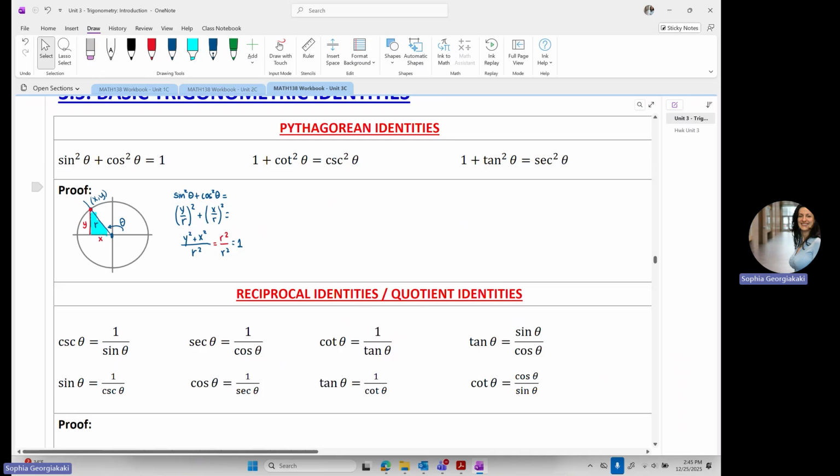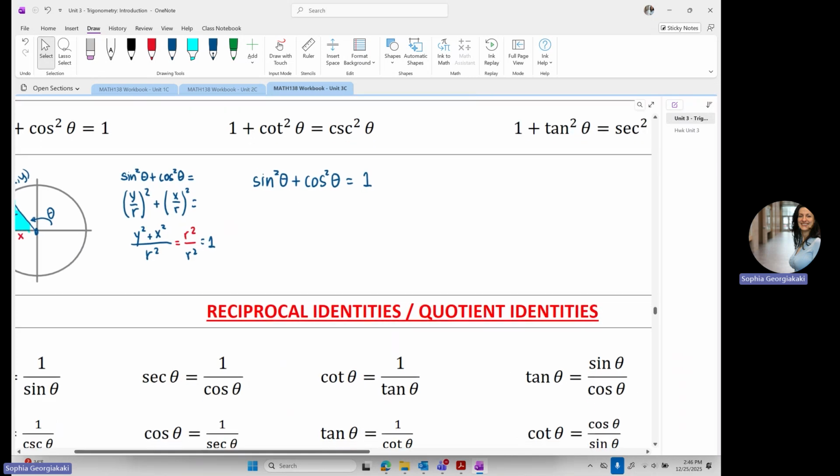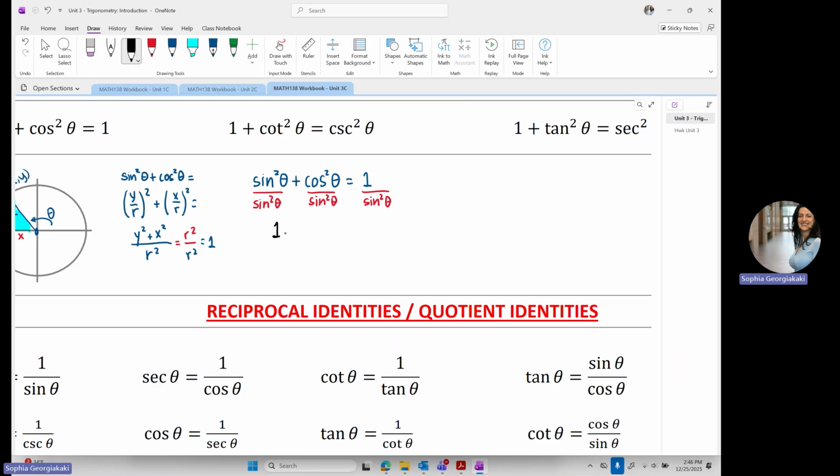To prove the other Pythagorean identities, I can also do it with the definition of the cotangent and the cosecant, but I can use an identity that I have already proven and do some algebra to that. So I will divide all three terms by sine squared of theta. This means I'm dividing both sides of the equation by sine squared of theta. And sine squared over sine squared will equal 1.